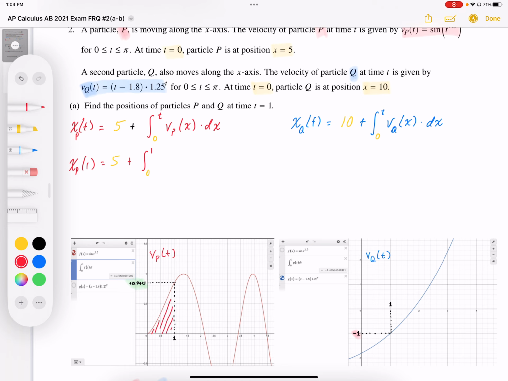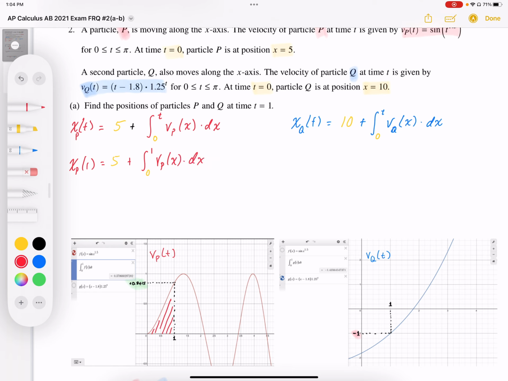So I've drawn it in here. The first thing we're going to do is make sure we have these graphs drawn. The area under the curve from 0 to 1 is represented by that area there. That's what I want. That's going to be the integral from 0 to 1 of v of p.